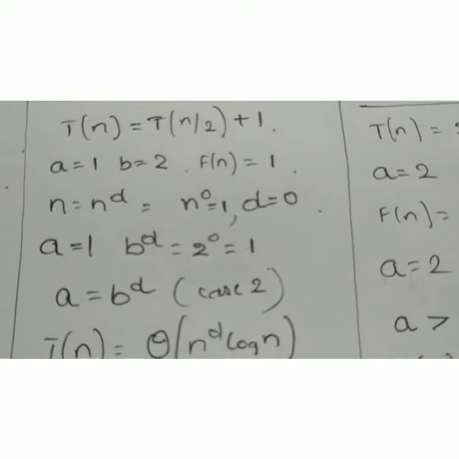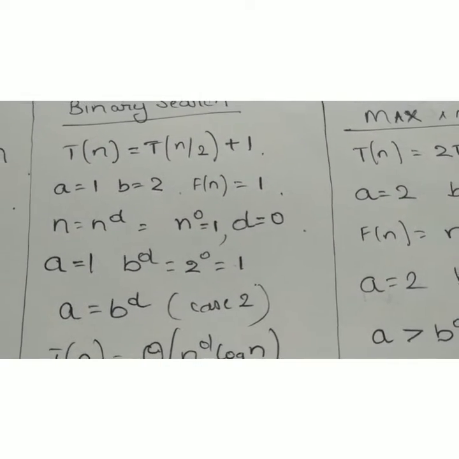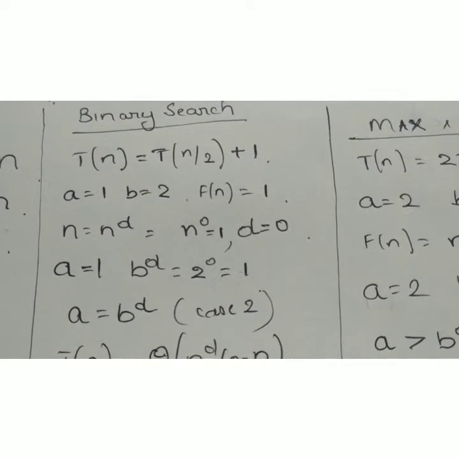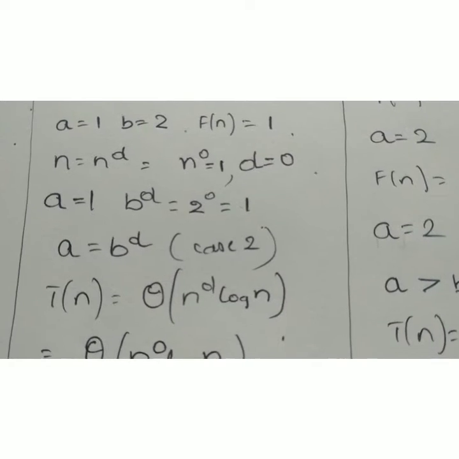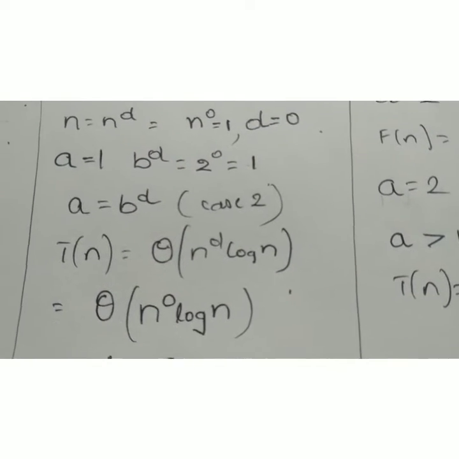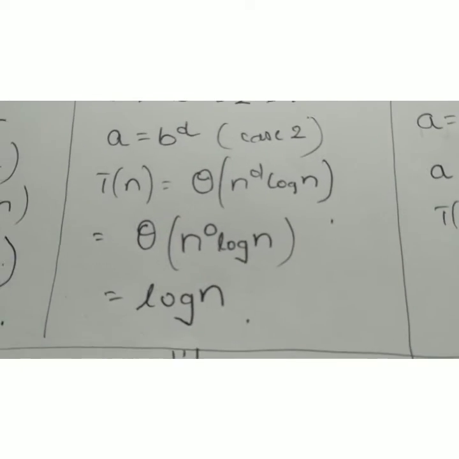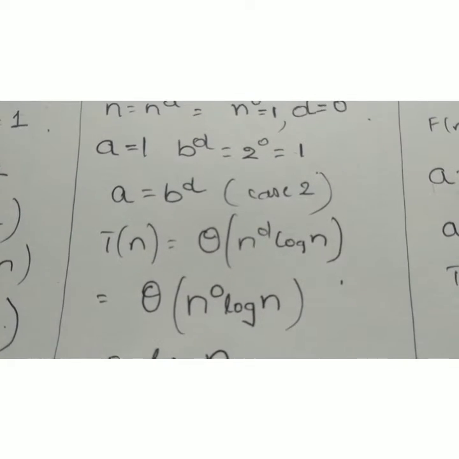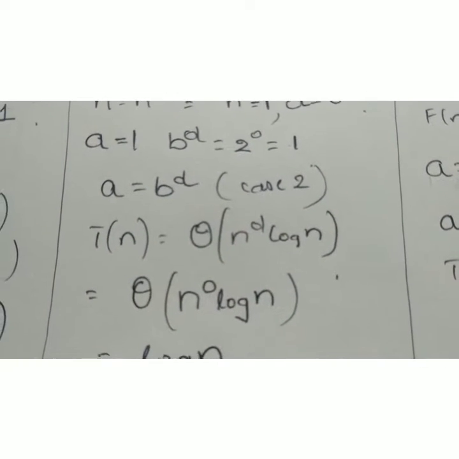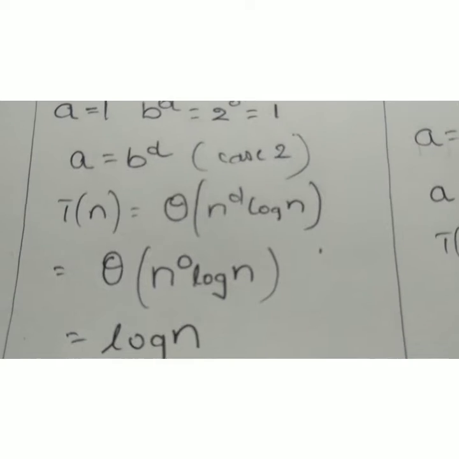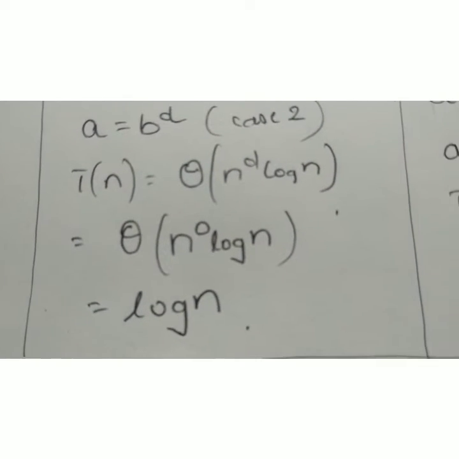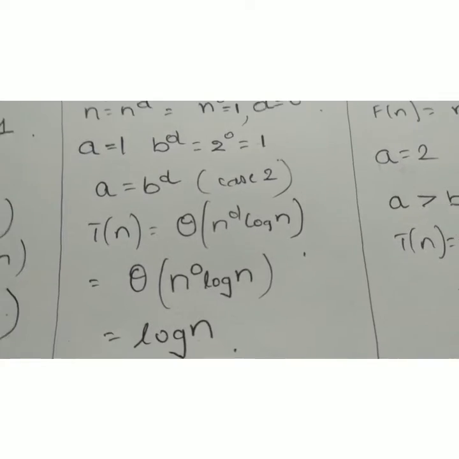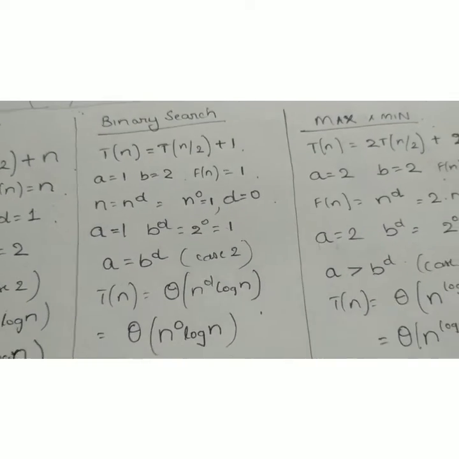Now a is equal to 1 and b to the power of d is equal to 2 to the power of 0, which is equal to 1. So here again it is case 2, because a is equal to b to the power of d. So it becomes theta of n to the power of d log n. Substituting, n to the power of 0 log n. n to the power of 0 is 1, so it is 1 into log n. So log n is the time efficiency of binary search.